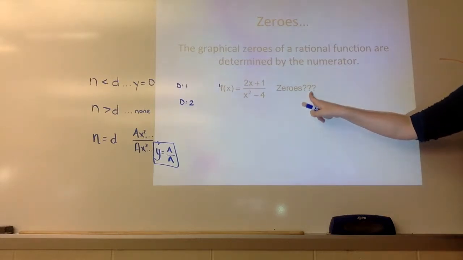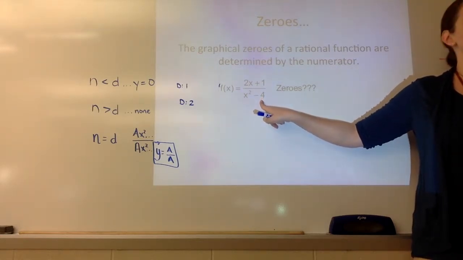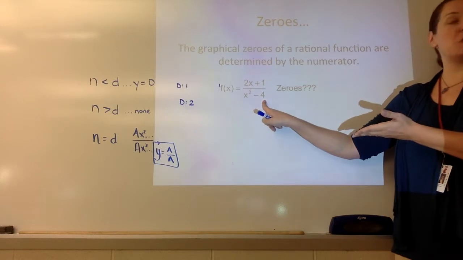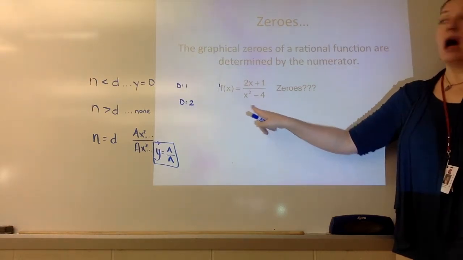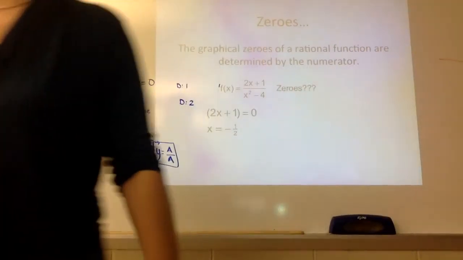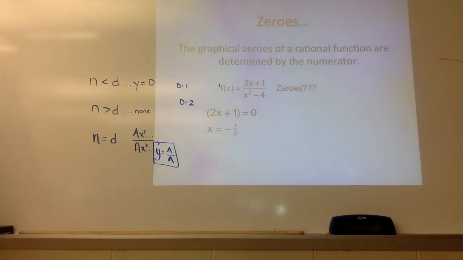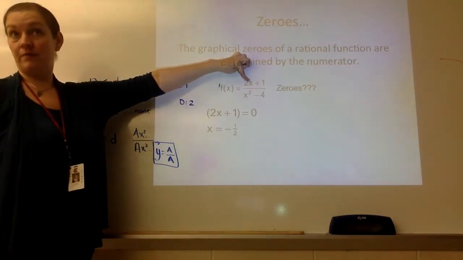So if I look here, don't get caught up in the algebra. Oh, I see x squared minus 4, that's difference of squares. That's great. That's going to answer the question about vertical asymptotes. I want you now to take the numerator, 2x plus 1, set it equal to 0, and solve, because that x value is allowed to take on a 0.